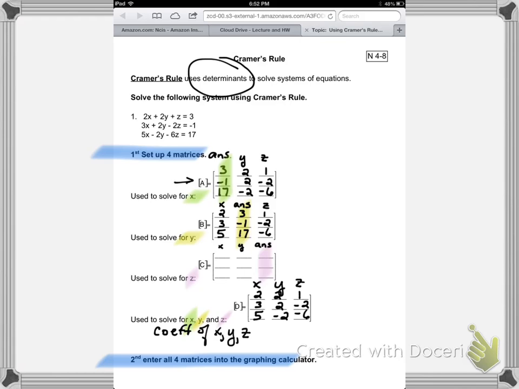So this matrix will be 2, 3, 5, 2, 2, -2, 3, -1, and 17.